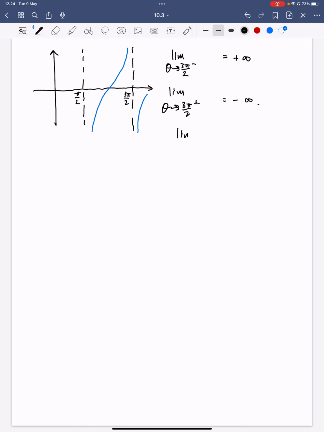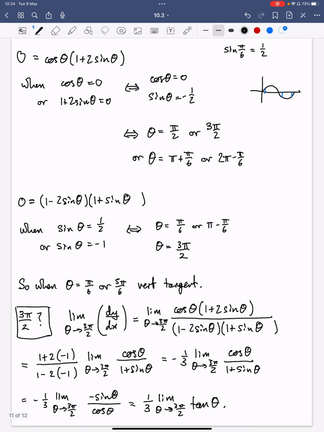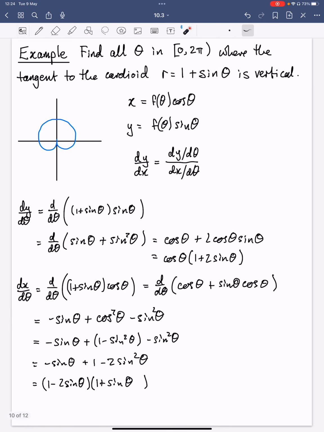Limit does not exist. And this is how we interpret this 3 pi by 2 situation. And this is sort of the first example of the sort of interesting does not exist tangent. Like this thing comes in here and it's pointing up, and then instantaneously switches direction and points down. And that's a tangent we interpret to basically not exist.